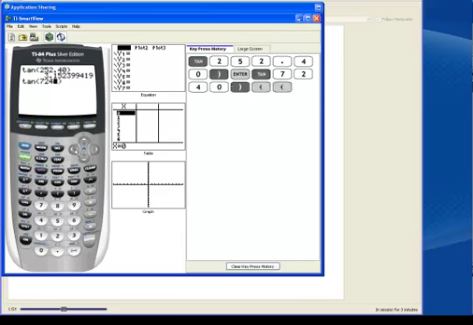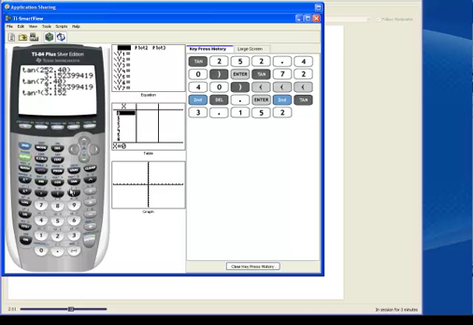Whoops, forgot the decimal. 3.152. What if we go backwards? That means we take the inverse function. So we're going to do inverse tangent of 3.152, and we get 72.40, and so on. Both of these angles, 72 and 252 degrees, should be correct. However, the graphing calculator only gives back the acute angle, also called the reference angle. So keep that in mind.